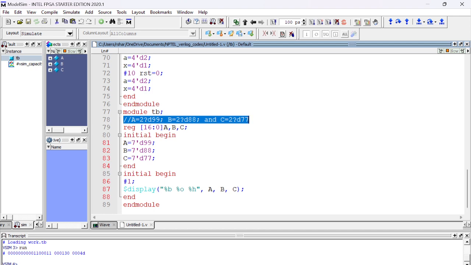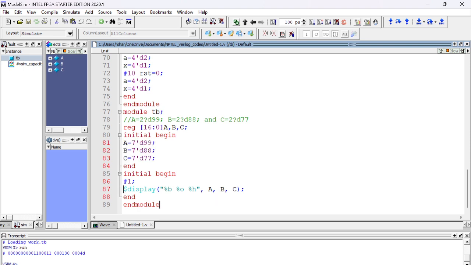So now if we simulate it, I have given some length, just sufficiently more to store 99, which is the highest value. Maybe this many bits may not be required, but I'm just using it. So initial begin, they have given before execution A is 99, B is 88, and C is 77.